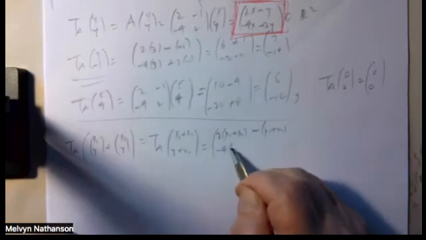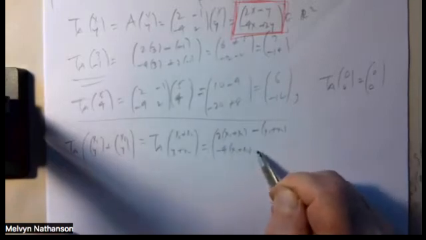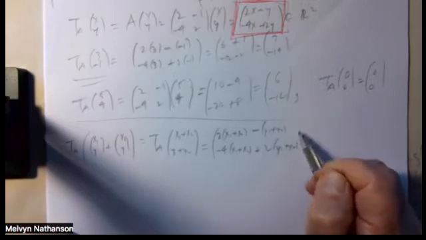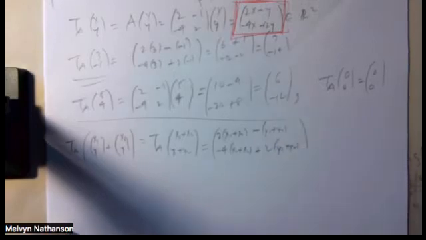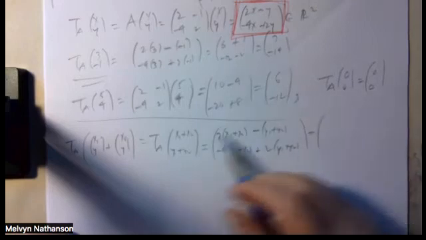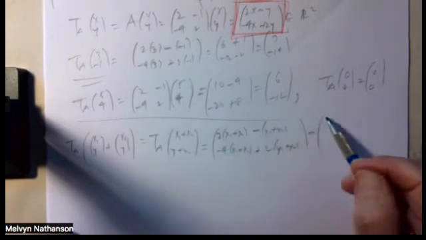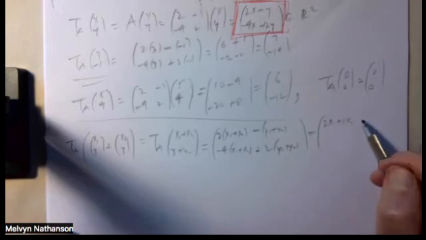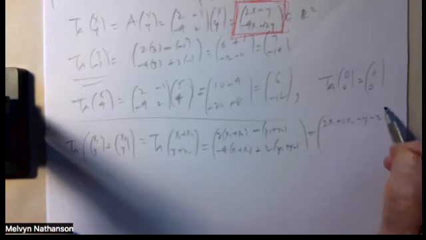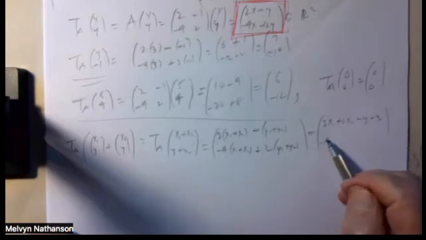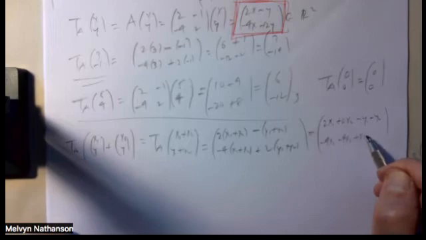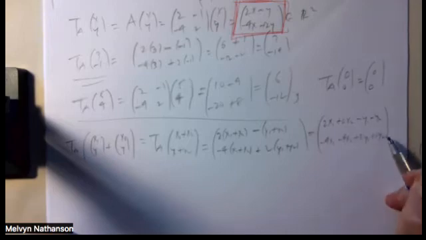And minus 4 times (x1 plus x2) plus 2 times (y1 plus y2). So if I just expand all this, this is 2x1 plus 2x2 minus y1 minus y2. And this is minus 4x1 minus 4x2 plus 2y1 plus 2y2.